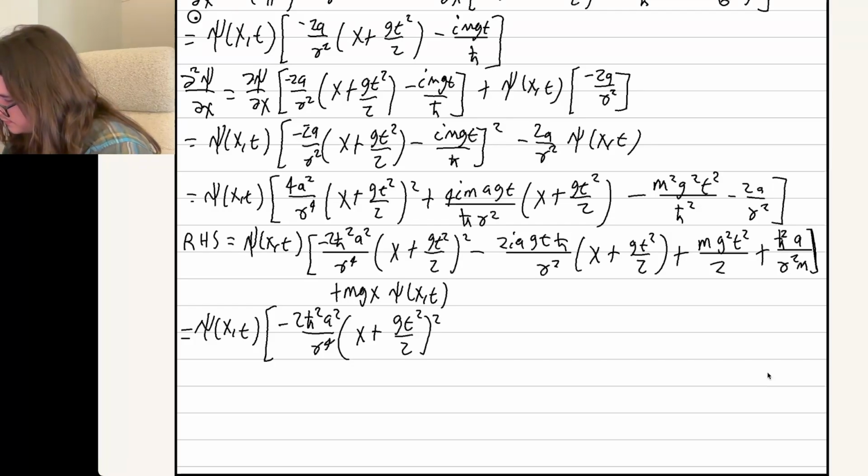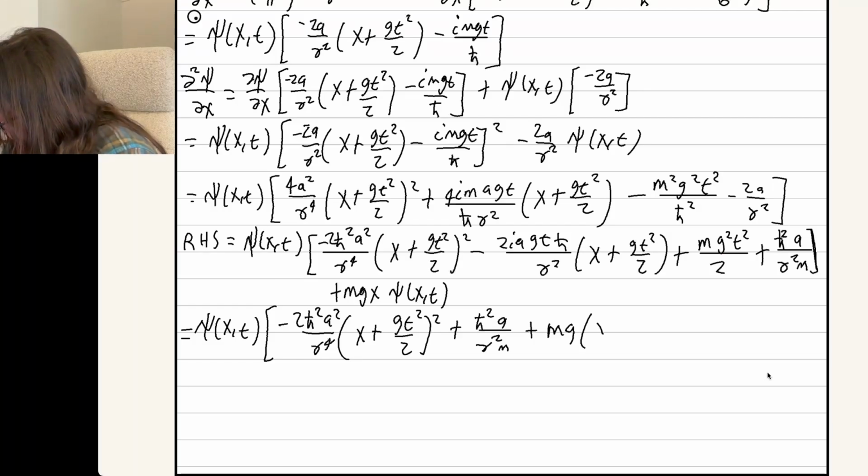We're going to keep this term that was on the end of this side, so it's h bar squared a over gamma squared m. We're going to keep that the way it is. We're going to factor out an mg from this term and this term.